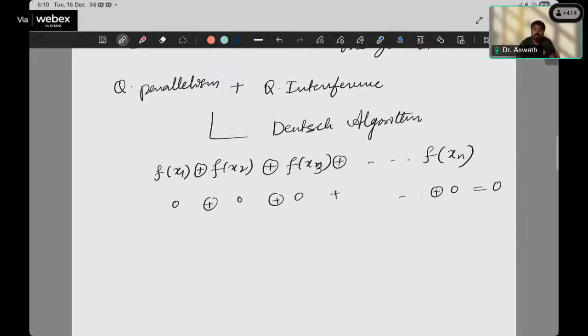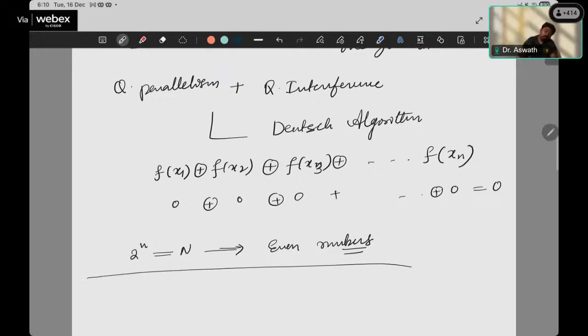Obviously I'll be taking an even function. You know why? Our total number of states is 2 to the power of n, so we are taking even numbers. If the function is balanced, in that case we'll get 1. If the function is constant, in that case we'll get zeros. So that is the Deutsch algorithm being a specific case of the Deutsch-Jozsa algorithm.